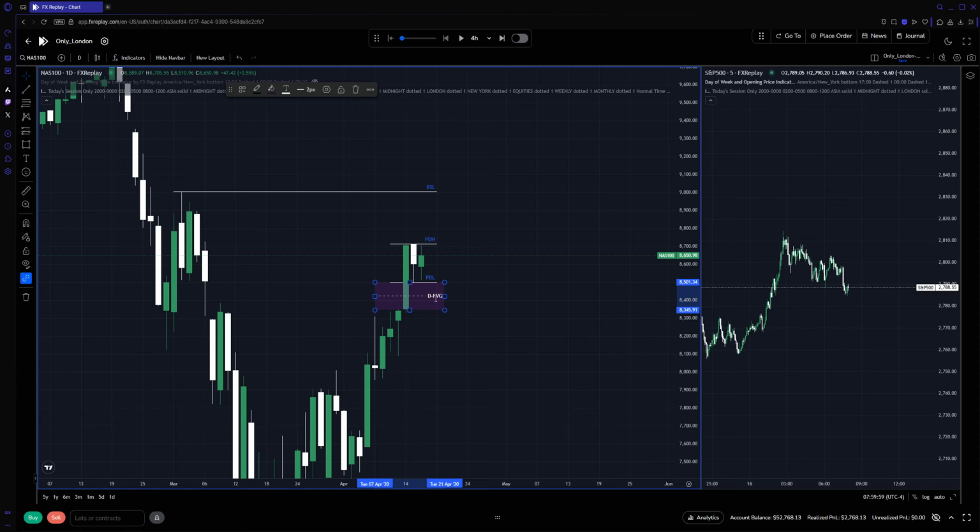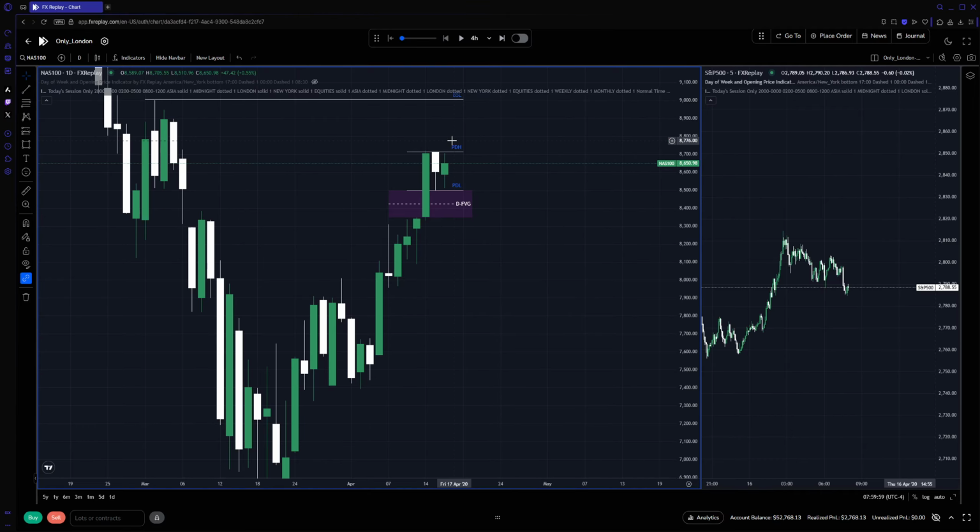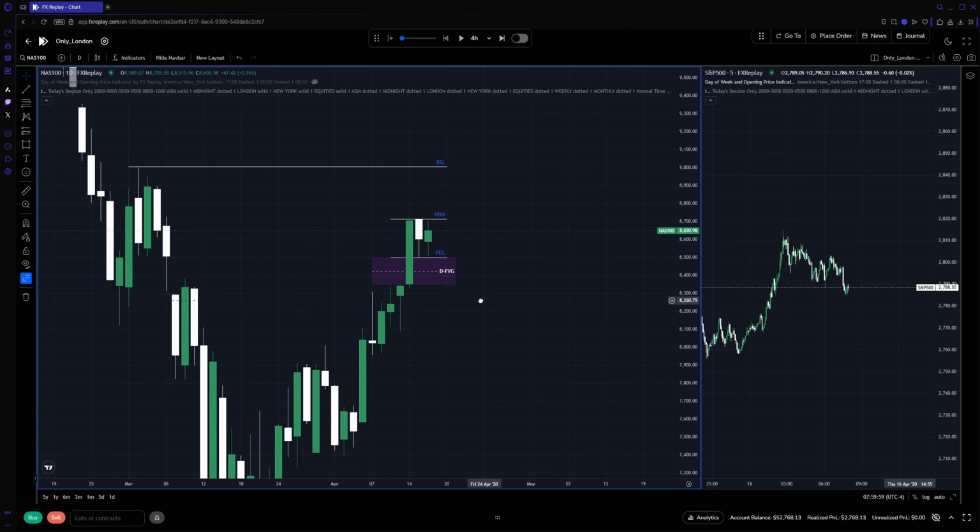So I'm just going to mark that out. Daily fair value gap. I marked up previous day's high and low. I love when we're below previous day high, because it's a very good target, a valid target. So that's really it right now. We do have a volume imbalance here.